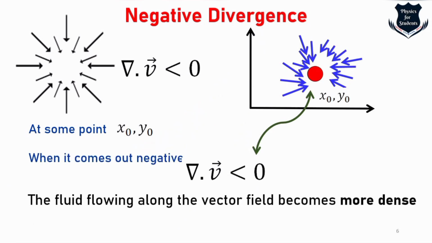What typically happens is that when it comes out to be negative, the fluid flow along the vector field becomes more dense. I'm just using a physical analogy so that things become clear. So negative divergence means that the fluid flow becomes more dense. That means it is getting concentrated in that particular region.